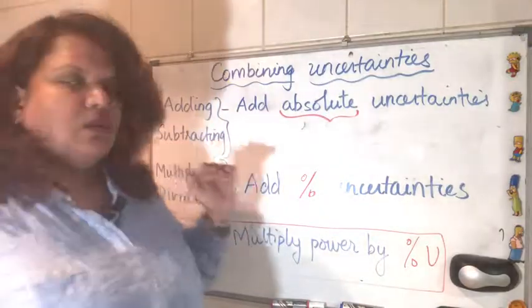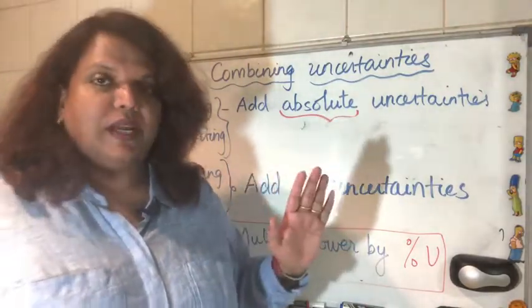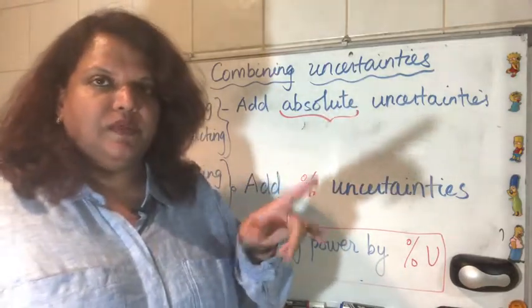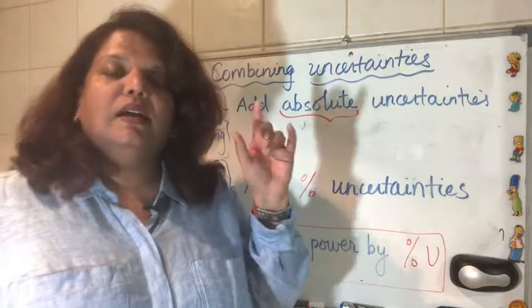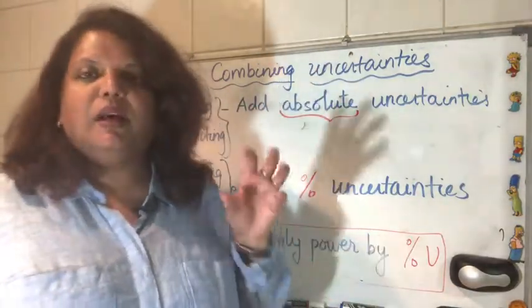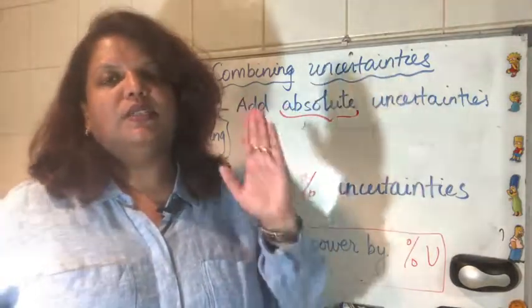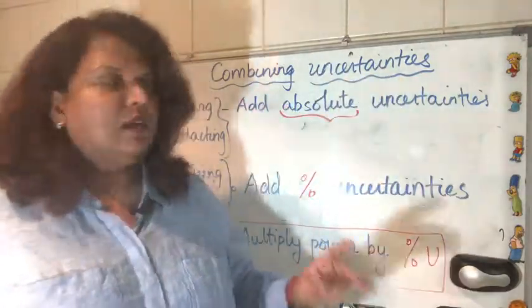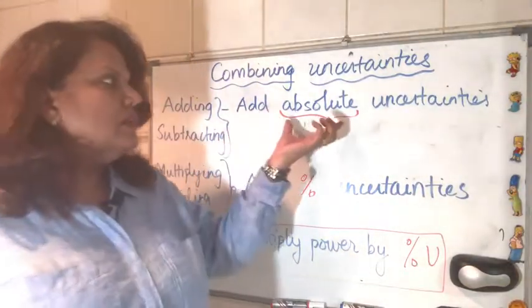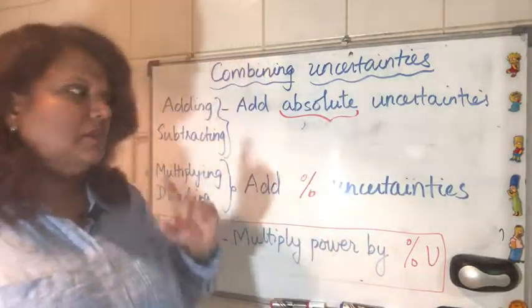Now subtracting also, it applies to the same rule. You should not subtract the uncertainties. You will subtract the reading. We'll see examples in a bit, but your subtraction, that operation remains the same. But how do you combine the uncertainties? Absolute uncertainties, you will just add them. Okay, so addition and subtraction will involve addition of absolute uncertainties. All right, keep that in mind.